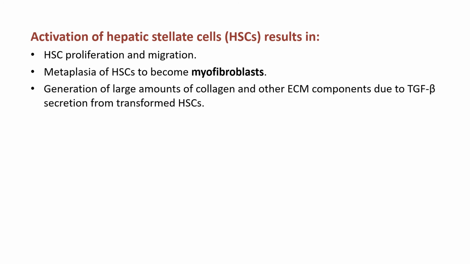And we get a generation of large amounts of collagen because of this, and other extracellular matrix components. And this, of course, is stimulated by TGF-beta secretion from the transformed hepatic stellate cells.